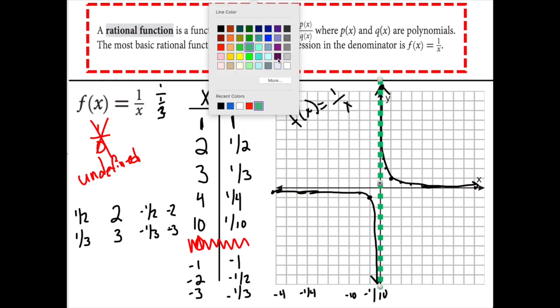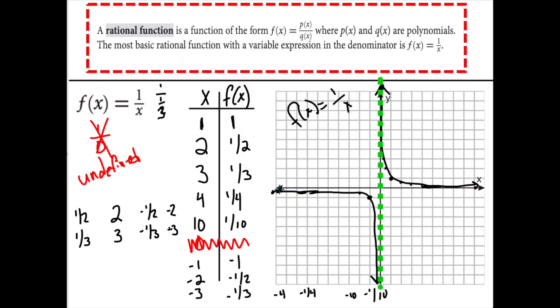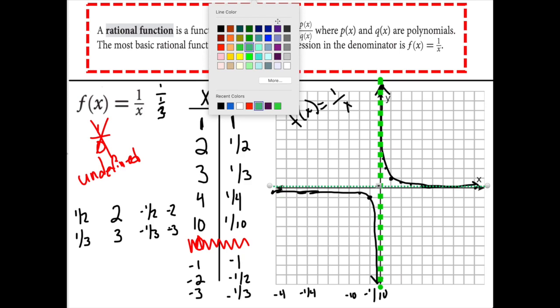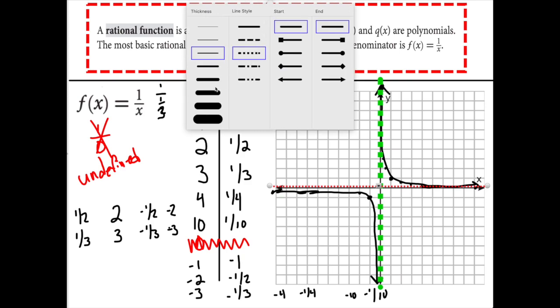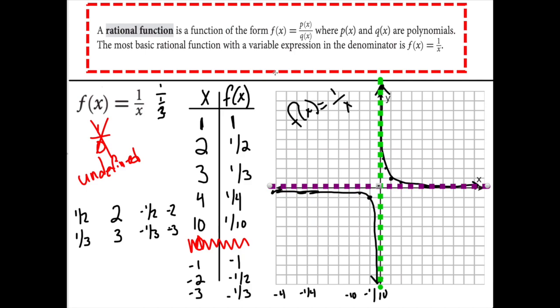So I've got this line here in green, okay? But then I've also got this line here, and I'm going to put this line in red. Okay, so let's make it actually purple. So let's take a look. I've got a green and a purple line.